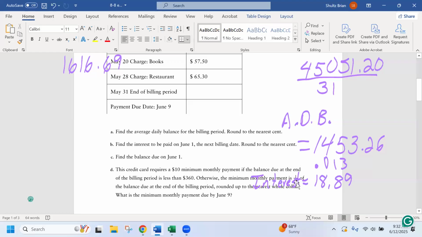Otherwise, the minimum monthly payment is 1/36 of the balance at the end of the billing period. Can't read it, so I'm going to erase this right here. So I've got to take this and divide it by 36.